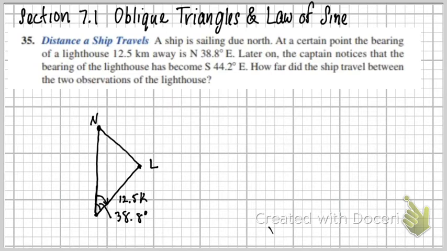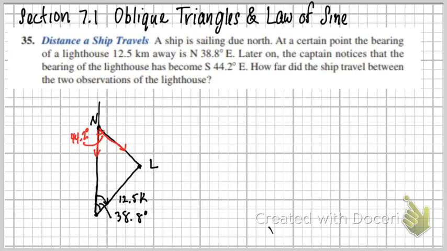And now it's telling me that my angle now is going to be, it says south, so it's in a downward direction, so that would be down this way, south, 44.2. So this here would be 44.2 degrees east, so this direction. Okay, so that's how that works.